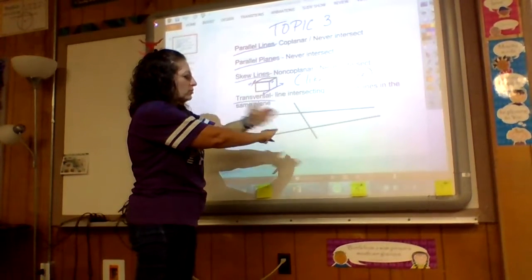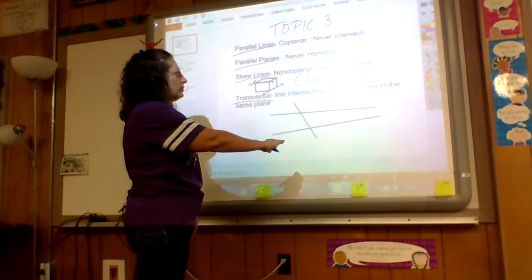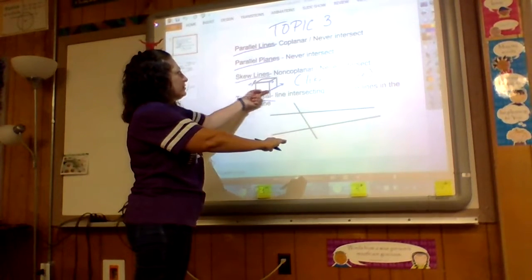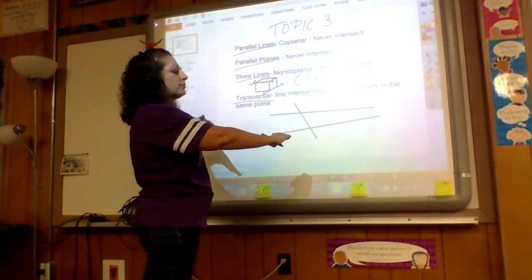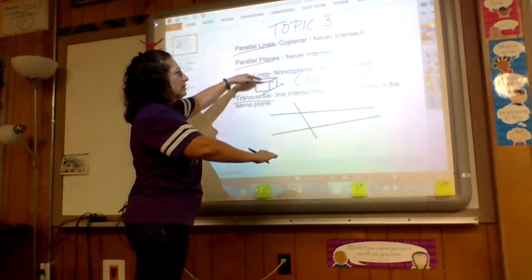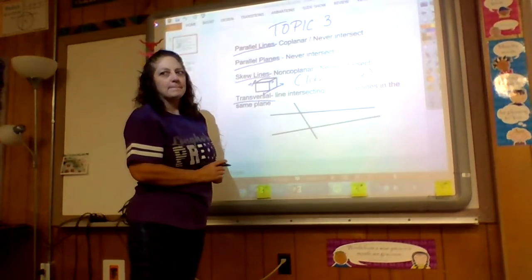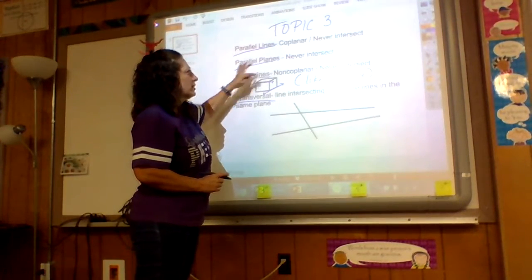No. The others would either be parallel or they would cross and intersect. They'd be perpendicular. Okay, so this one, because it's on the other plane, what about the one behind? Would this be skew to that line? Yes. Okay, so that would be skew.